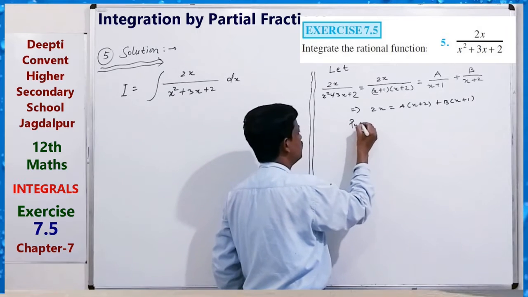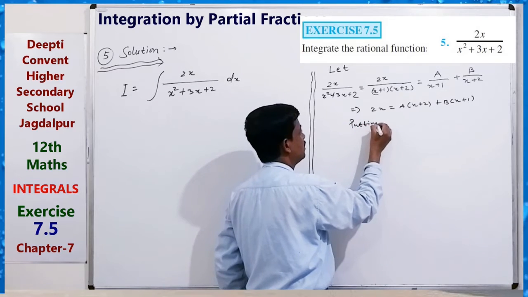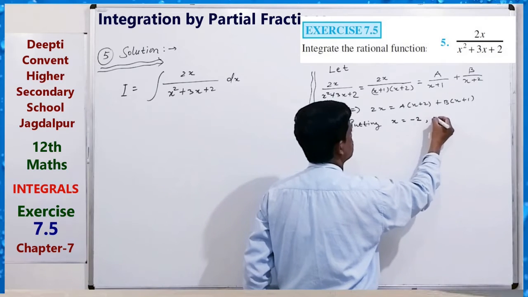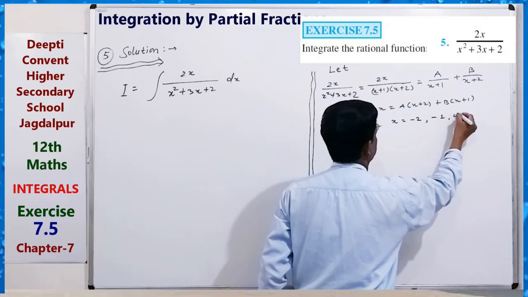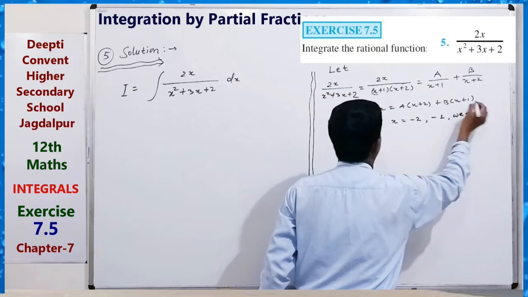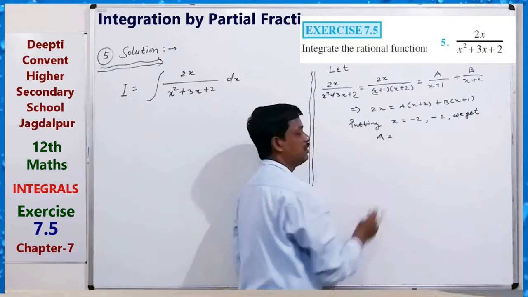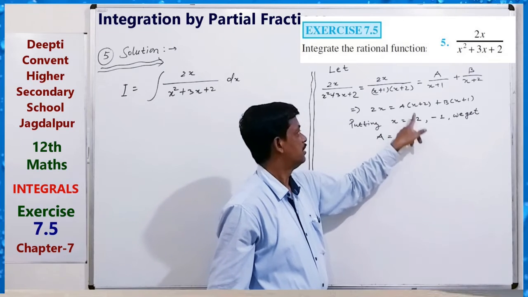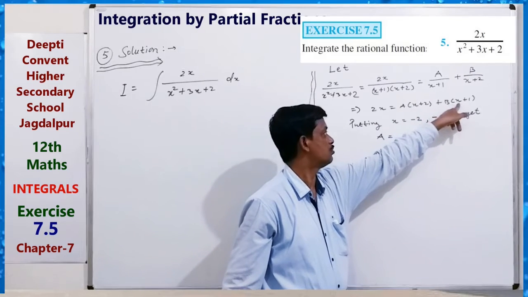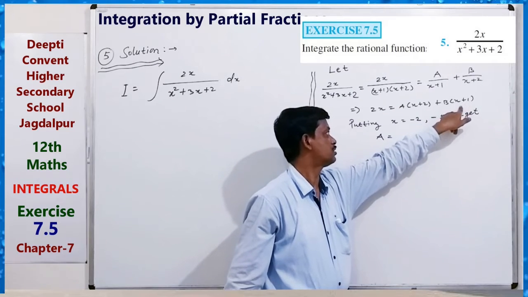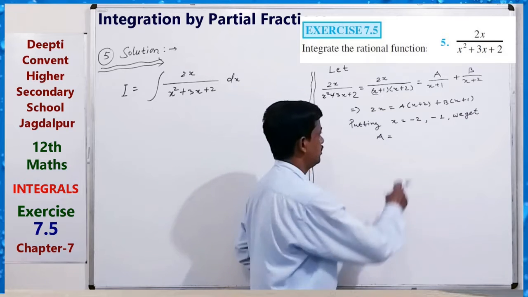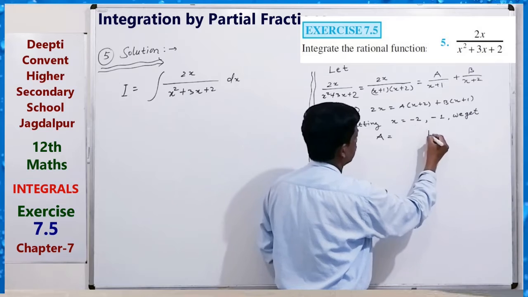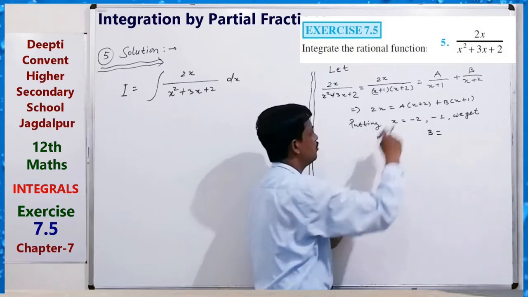So putting x equals minus 2 and x equals minus 1, we get directly the value. For x equal to minus 2, we get minus 4. Here a vanishes, and minus 2 plus 1 is minus 1, so minus b. So by putting minus 2 you can get the value of b.